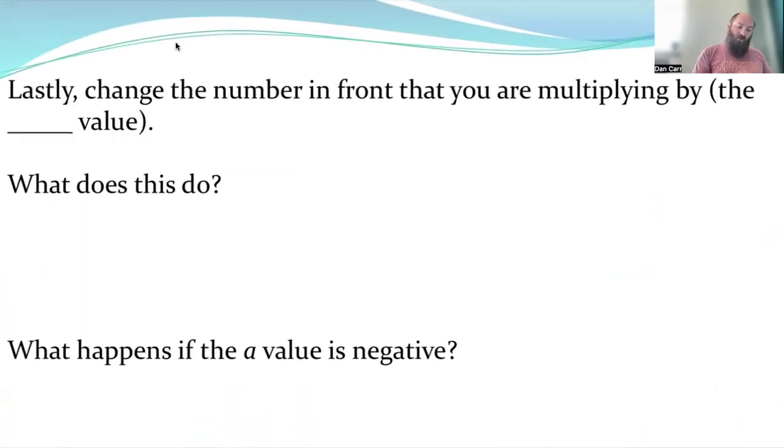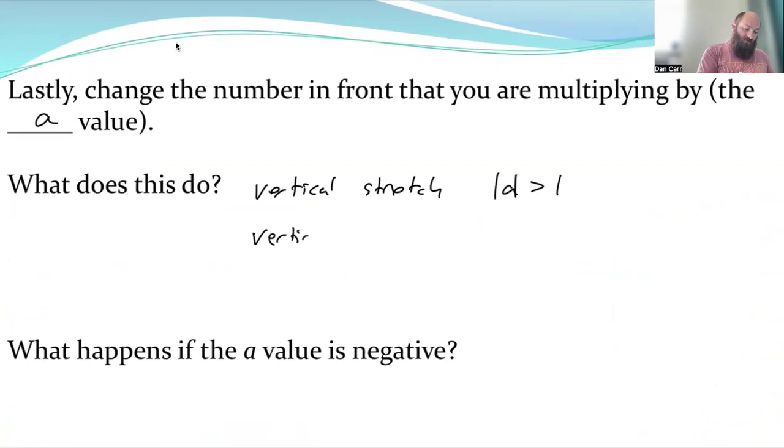So lastly, the change in the number in front, you're multiplying by the a value. As you saw, it does 2 things. We can get a vertical stretch, and that is when the absolute value of a is greater than 1. I should say the absolute value of a, because we'll get to the negative in a moment. Or it gets a vertical compression, and that's when the absolute value of a is in between 0 and 1.